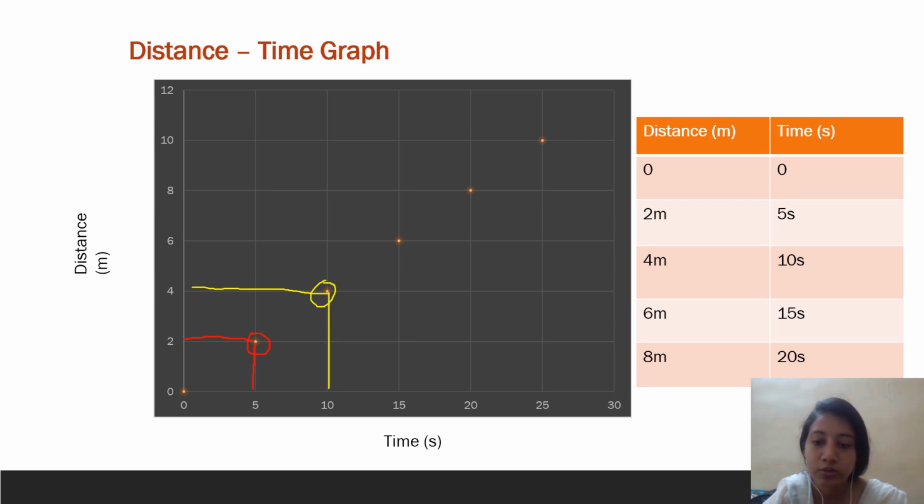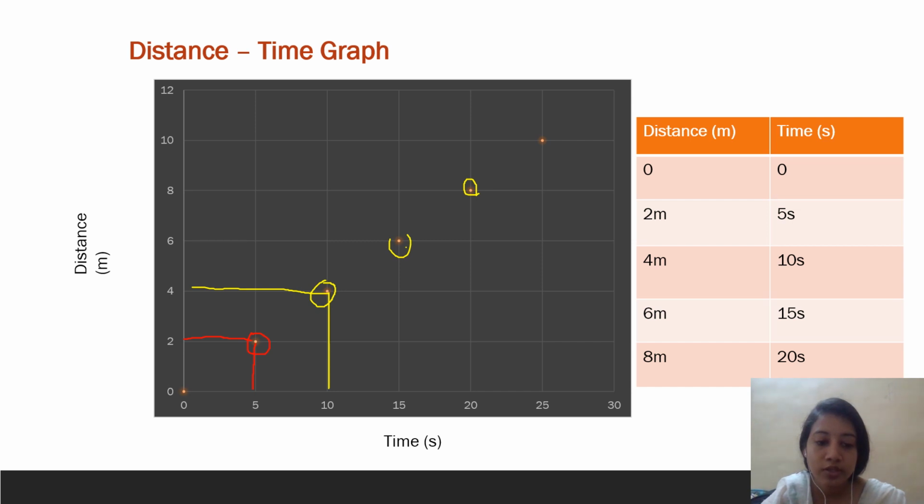Again we plot the next one, and similarly we go on, that is at 6-meter distance, here the 15 seconds. So we can see this comes up to here, and next one again, 8-meter is given in 20 seconds, and so on.